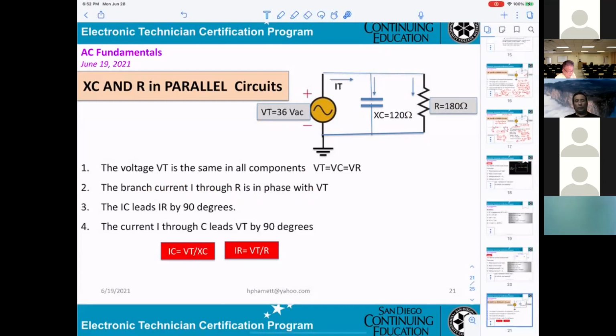Why do they say the current I through R is in phase with the voltage here? Who can answer for me? Because it's a resistor. How come they say the current I through the resistor is in phase with VT? I want you to tell me how.